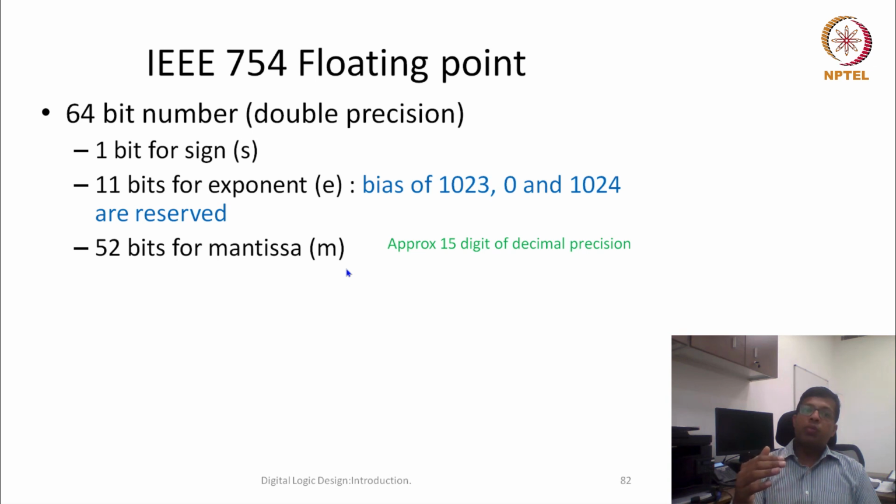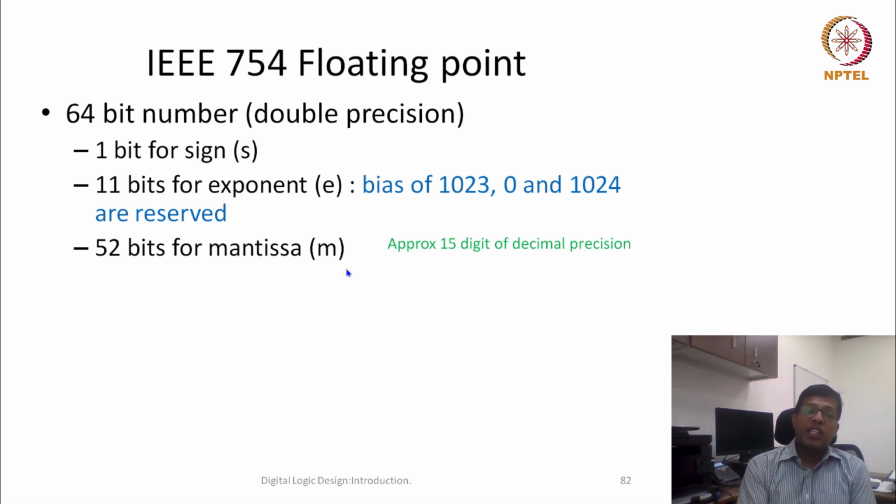I'll tell you it would be more than 10 power 100. 10 power 100 is a very, very large number. It is a number which you can represent using floating point. This double precision floating point number is more than the whole weight of the universe, the largest number we can think of.